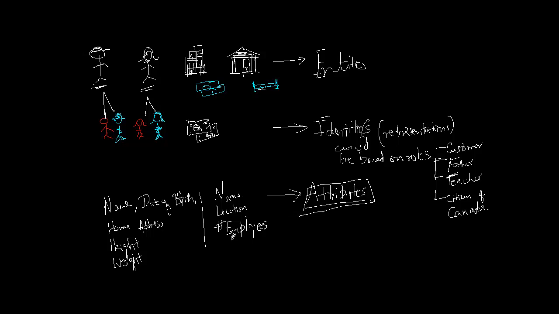For example, for a person or an individual, there could be an attribute of a name, first name, last name, middle name, and so on. A date of birth, a home address, a height, a weight, and so on, an eye color, details of that nature.